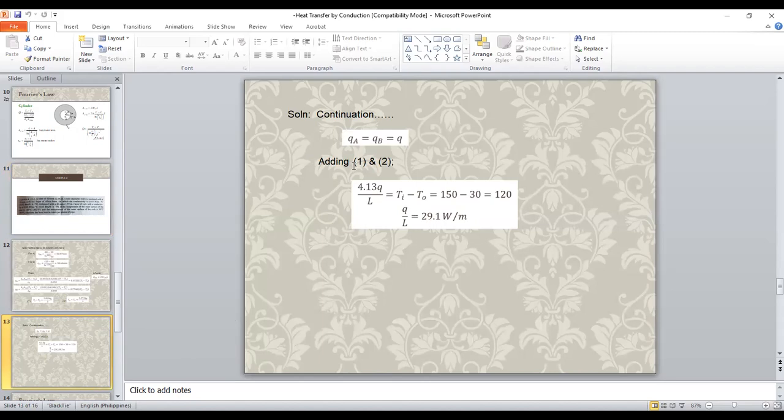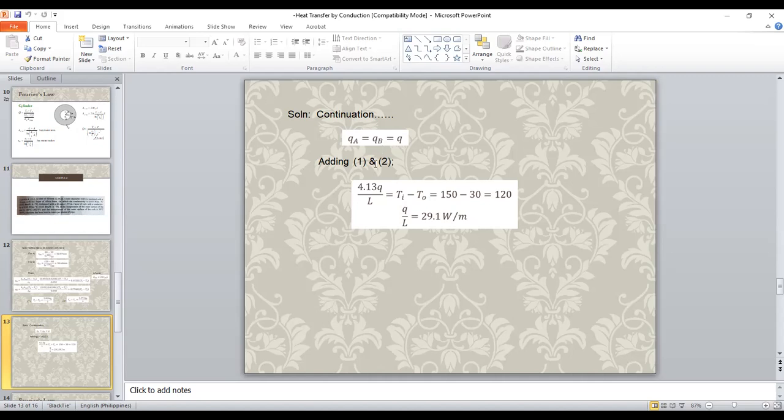We started with the discussion of conductive heat transfer: if we have a series of resistances, the amount of heat transferred in each of these materials has to be equal. So your QA and your QB would be equal to the Q, which is also the amount of heat transferred through the pipe itself.